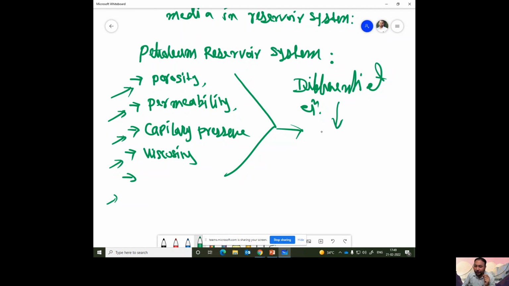There is more than one parameter, so we have to develop one partial differential equation. That partial differential equation will describe the petroleum reservoir system, including the parameters porosity, relative permeability, capillary pressure, and viscosity.